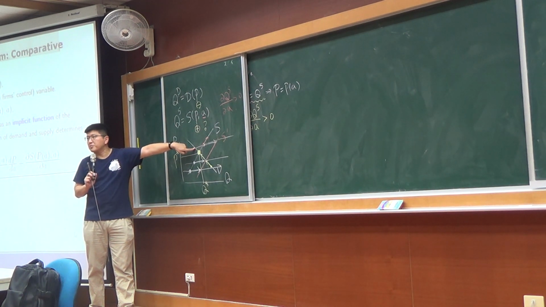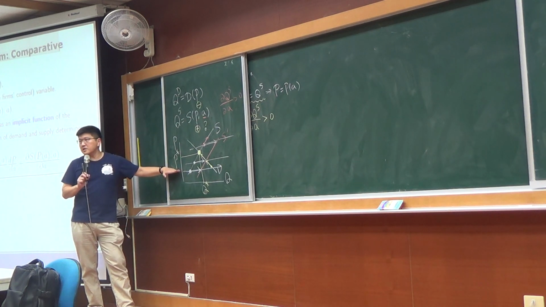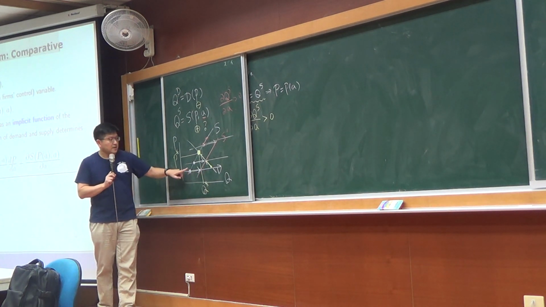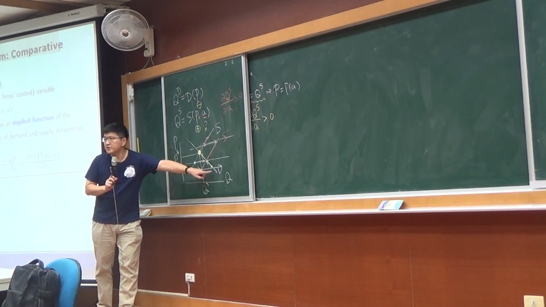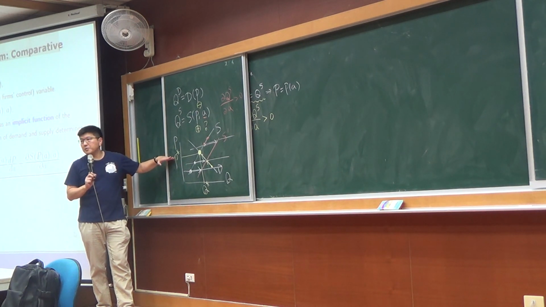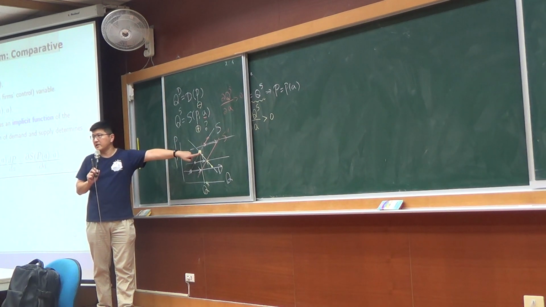So it's an oversupply. It's a surplus, okay? So when the price is below the equilibrium price, the quantity demanded exceeds the quantity supplied. It's a shortage. So only at this equilibrium price does the quantity demanded equal the quantity supplied.